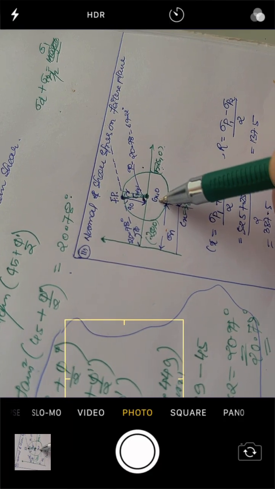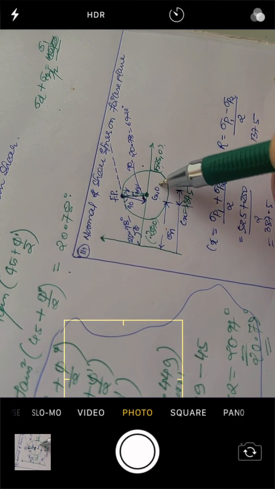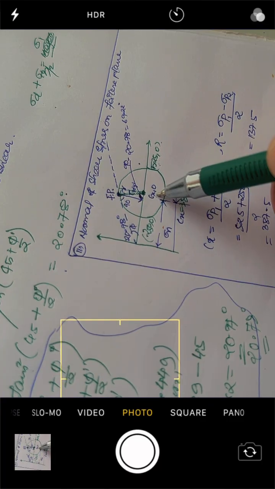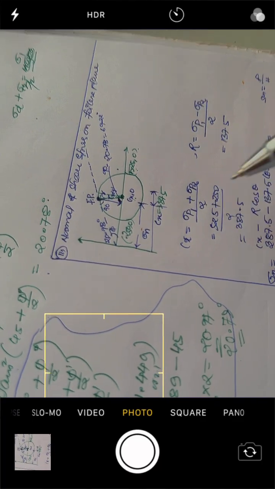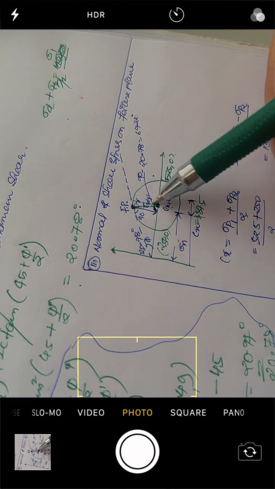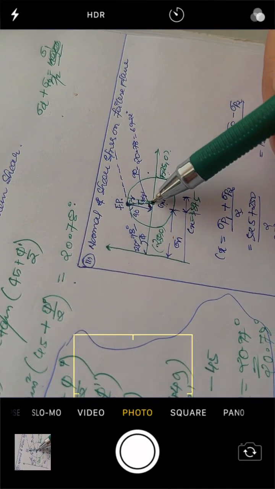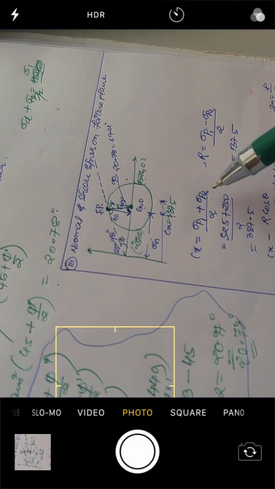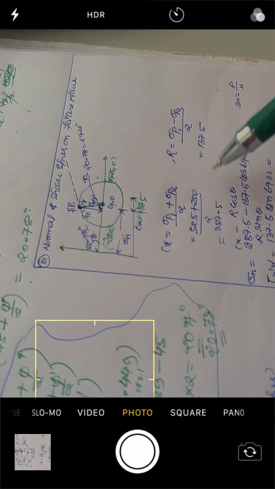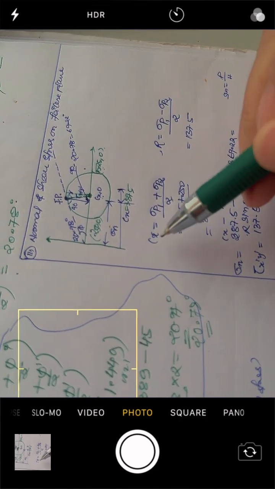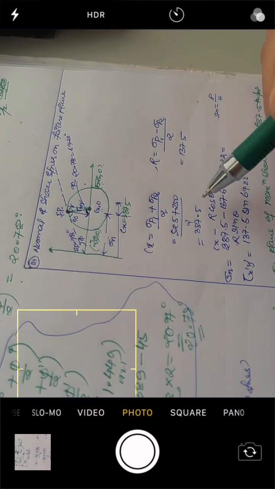We can give it any name, cx, and from the Mohr circle we know that cx is equal to sigma p1 plus sigma p2 divided by 2, and this would be my radius, sigma p1 minus sigma p2 divided by 2. We know the values, and we'll get the value of cx and our radius.